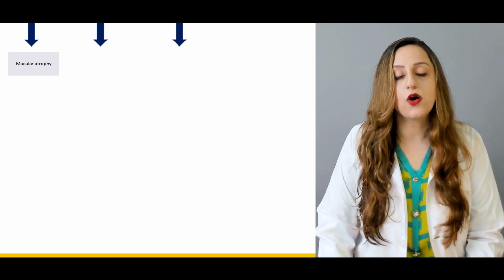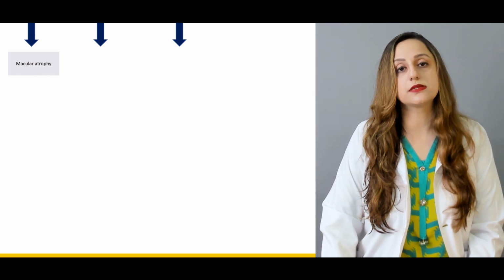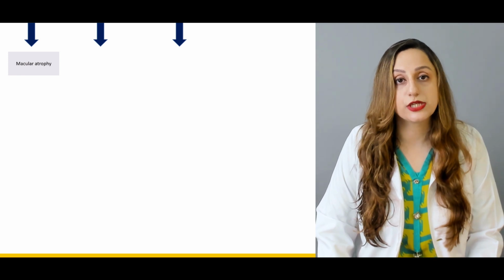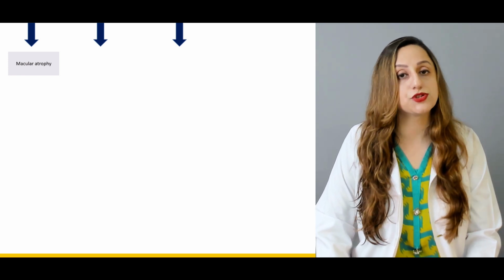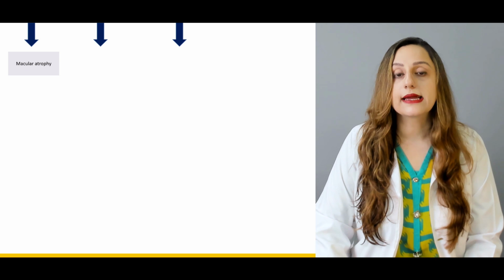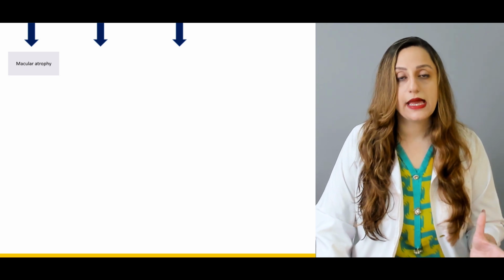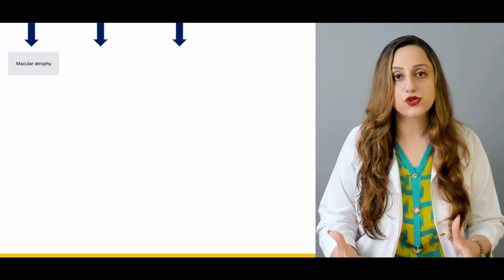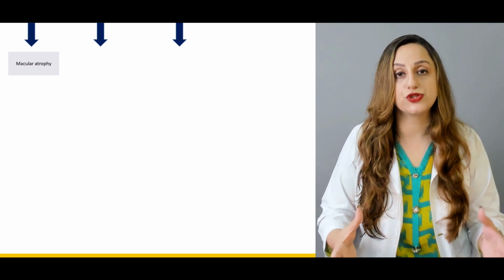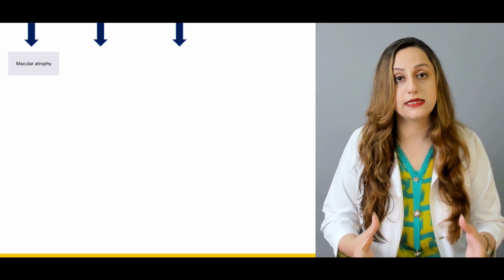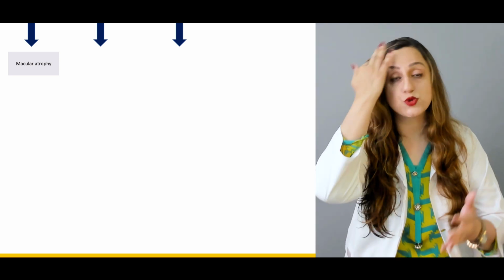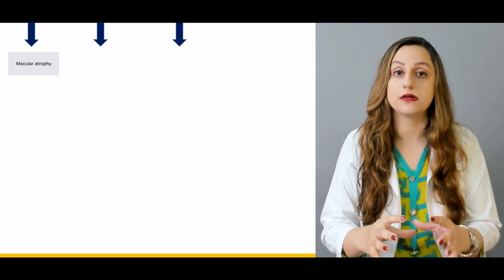If the patient is left untreated, the complications that can occur in retinitis pigmentosa can be macular atrophy. When we say macular atrophy, we mean that the central vision is affected in these individuals, and that is the mainstay. The visual field effect would be most central.